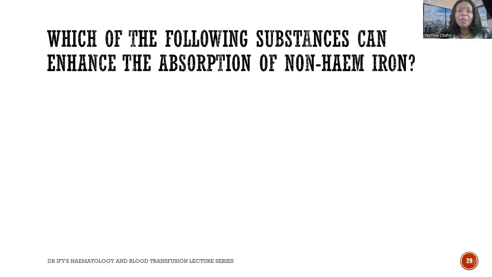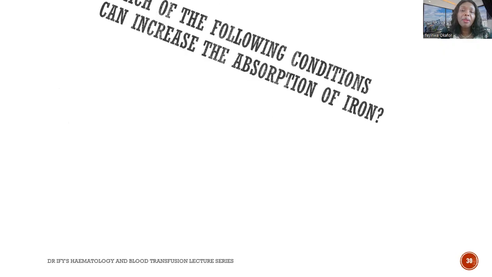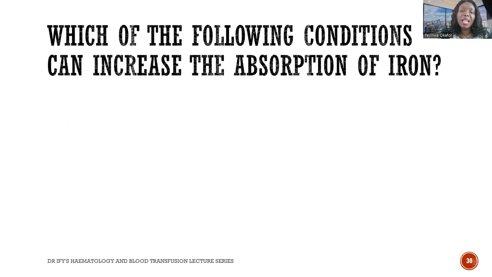Which of the following substances can enhance the absorption of non-heme iron? Tannins, phytates, calcium, vitamin D. Answer D, vitamin D. Which of the following conditions can increase the absorption of iron?